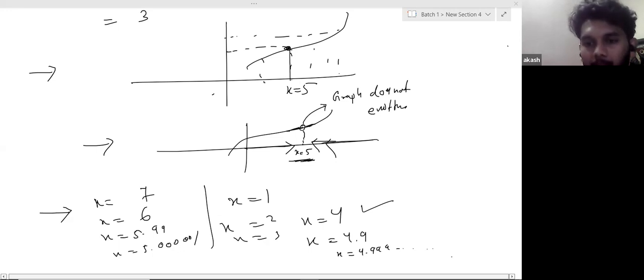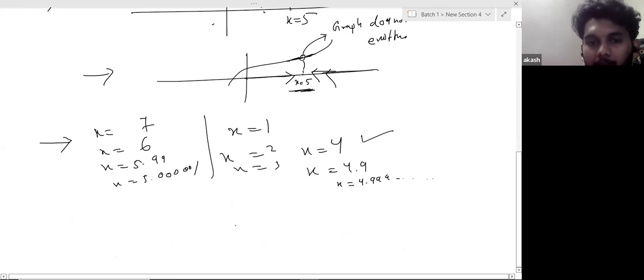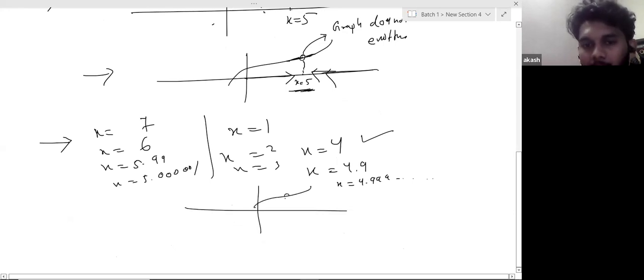All right. Listen to this again very carefully. Limiting value is the value the function approaches. All right. It tends to be here, right? It is tending to be here when x approaches some value.